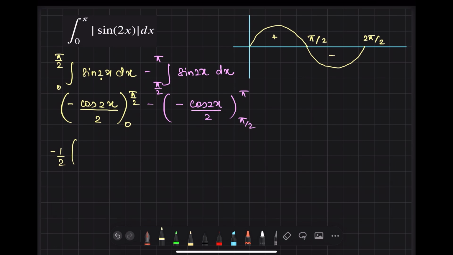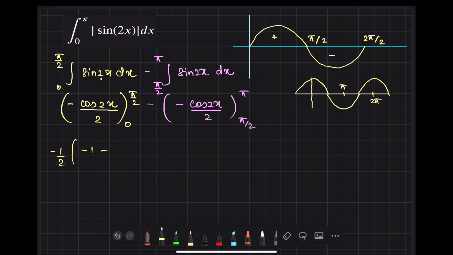Now you know what cos pi looks like. Suppose this is the graph of the cos function, so pi, then 2 pi. At pi you will have minus 1. So the upper limit is done.